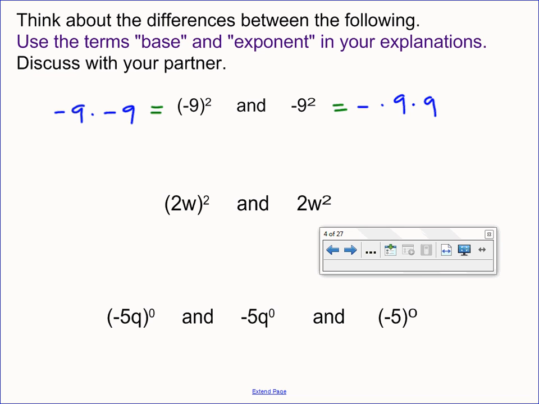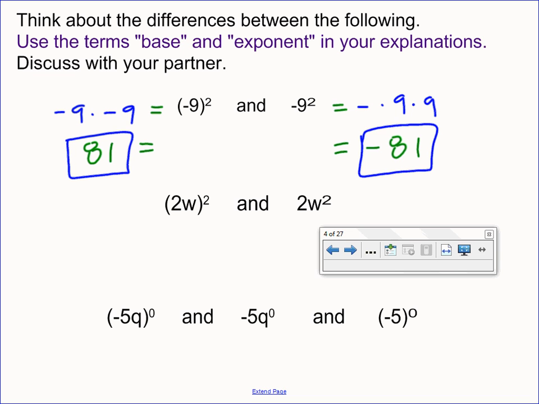By my order of operations, -9 times -9 in the first one gives me a positive 81, versus negative times 9 times 9 gives me a negative 81. So these are two very different results because of those parentheses. Nice job. Raise your hand if you have 81 and -81 respectively. Nice job.